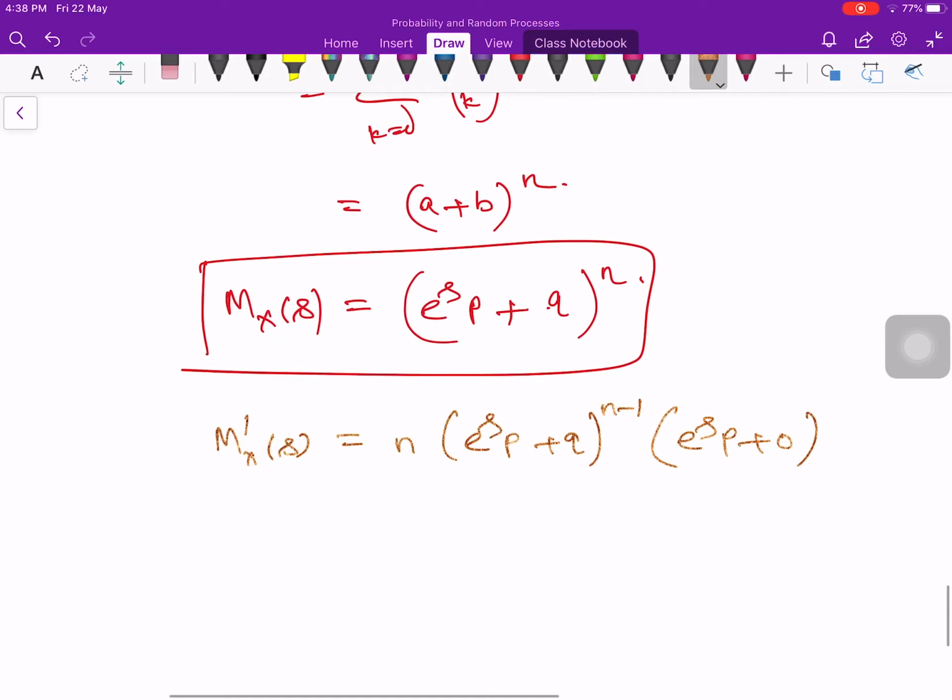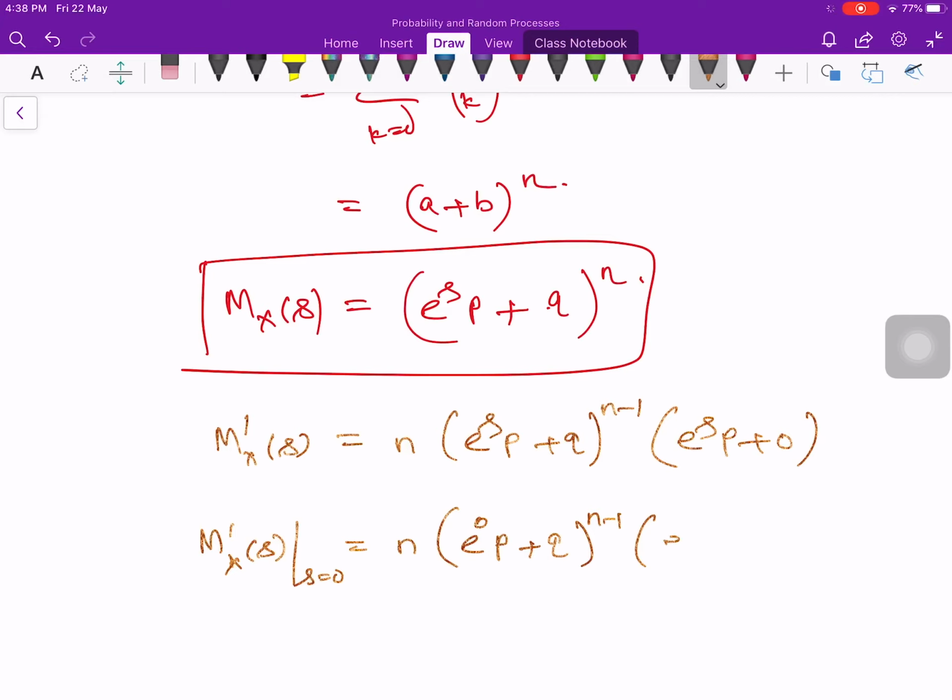Now substitute s equal to 0, M prime sub x of 0, then it is n times e to the 0 times p plus q, and here this is n minus 1 times e to the 0 times p. Look at here, e to the 0 is 1, p plus q is 1 power n minus 1, and n minus 1 is an integer, so it's 1 again.